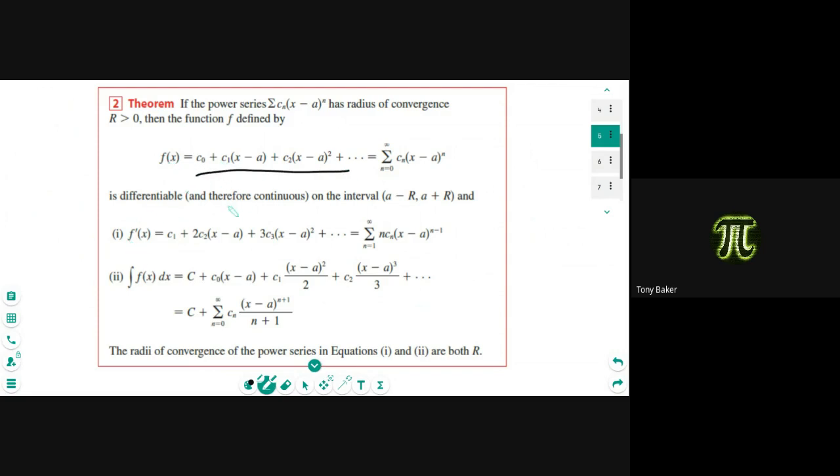The derivative of this basically just brings down whatever the powers are. The C1 is to the first power, so that would disappear. The second power, the 2 comes down, and now that's to the first power. So you're just using the power rule of differentiation.